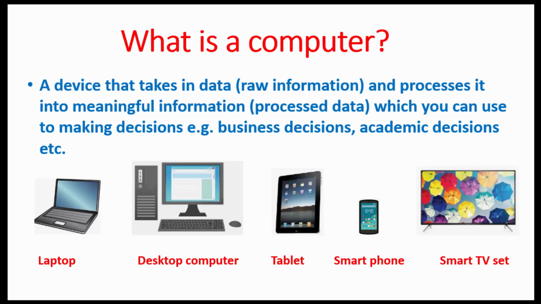You can install applications in it which do different things. You can even record a certain program which was running when you are away. Then when you come, you can play it back. So all those capabilities have turned the television set into a computer, and we call it a smart TV set.